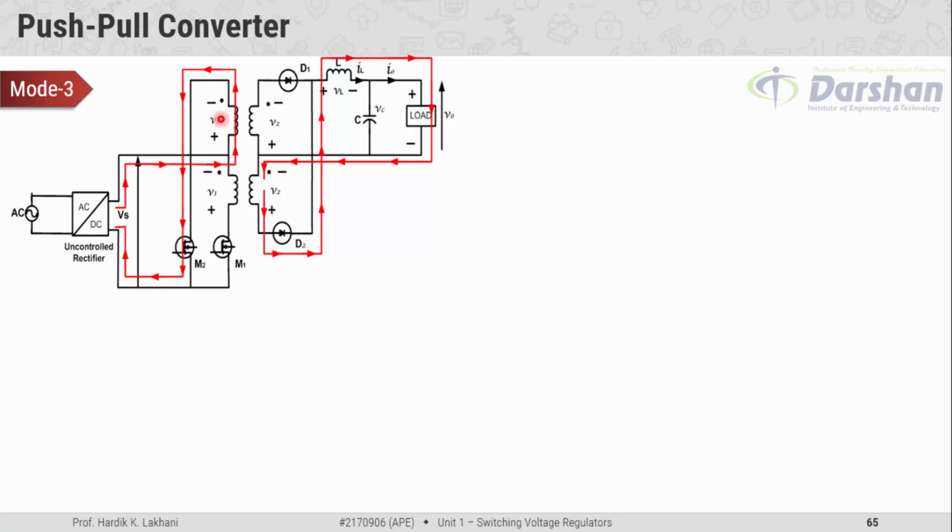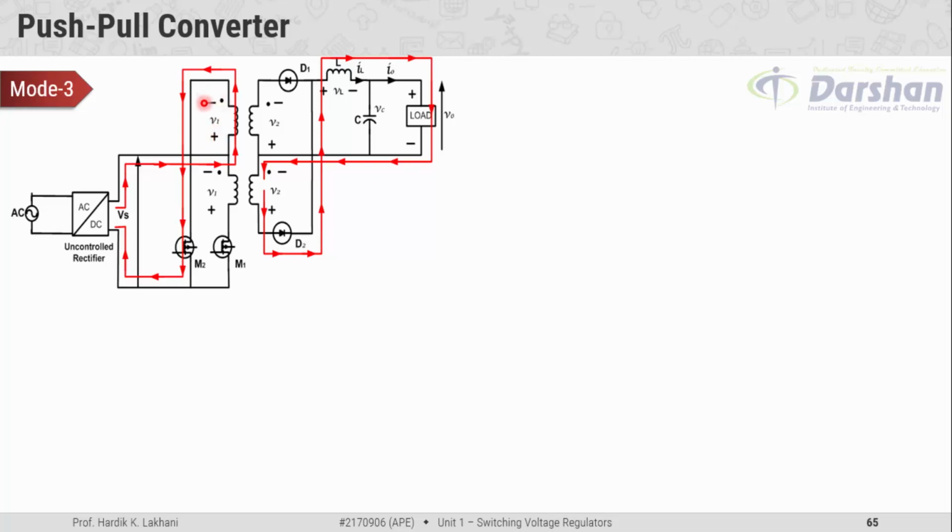The upper primary winding gets connected to the supply, but this time the dot end terminal of the winding is connected to the negative terminal of the supply through this MOSFET 2, and the other terminal gets connected to the positive terminal of the supply. So here the transformer gets opposite polarity. The dot end is negative and the other terminal is positive, which means the core is magnetized with the reverse polarity.